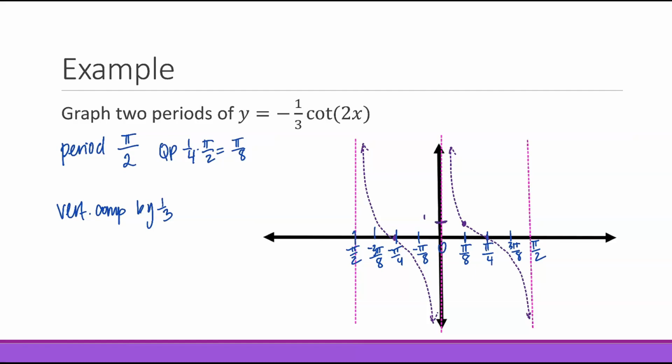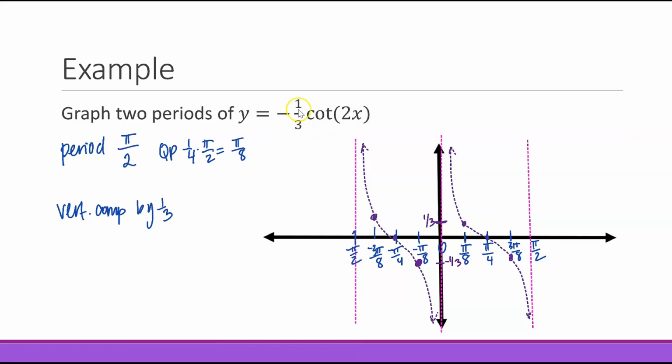So this right here is going to be 1/3, and then down here 3 pi over 8 is going to have to correspond to negative 1/3. Same thing here, same thing here. So that's where that vertical compression, or that number in front, comes into play. It's how we label the y-axis. So what I've sketched here, these two dotted cotangent graphs, they are 1/3 cotangent 2x.